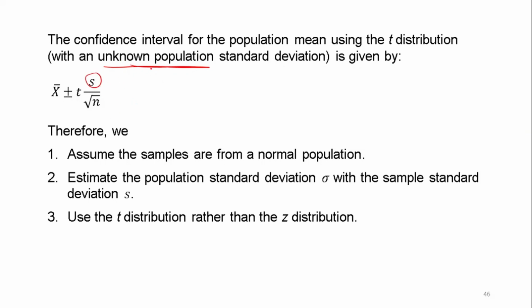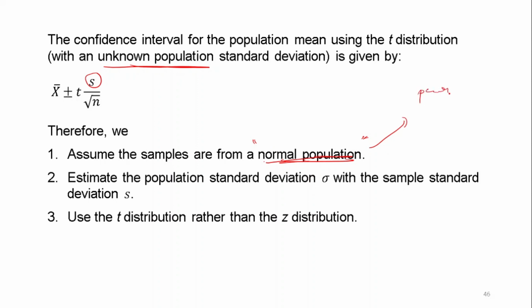We use S because the standard deviation is unknown, as an estimator for the population standard deviation. Therefore, we assume the samples are from a normal population. It is very important to assume that your population is normal, so that you can use a parametric test.